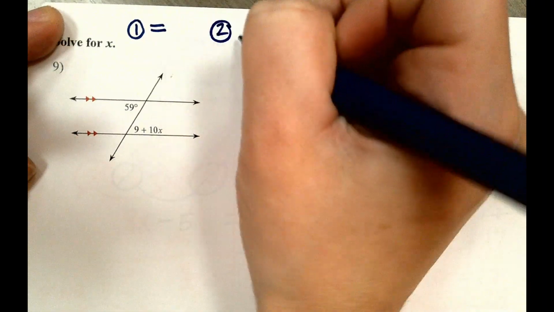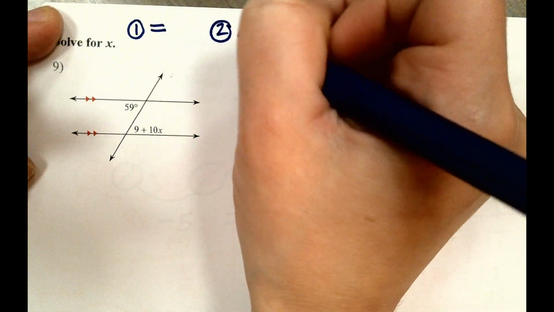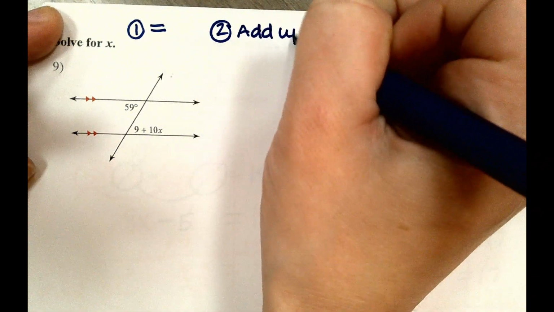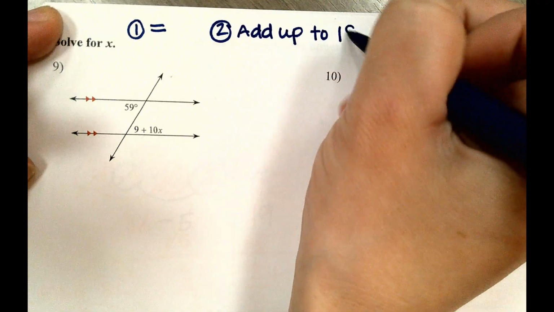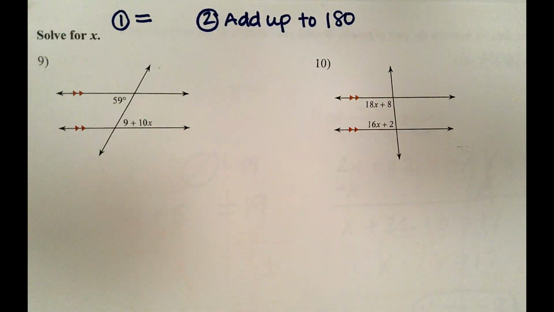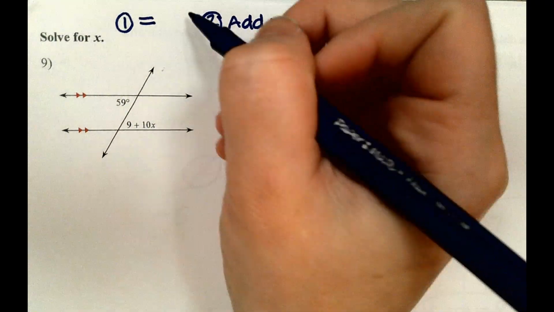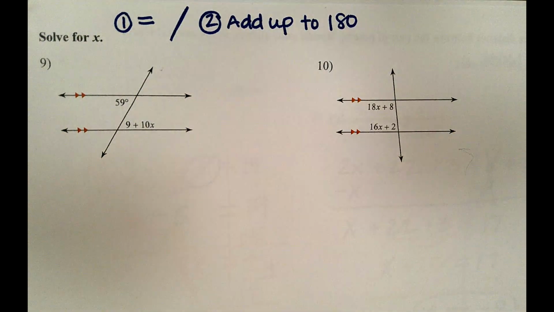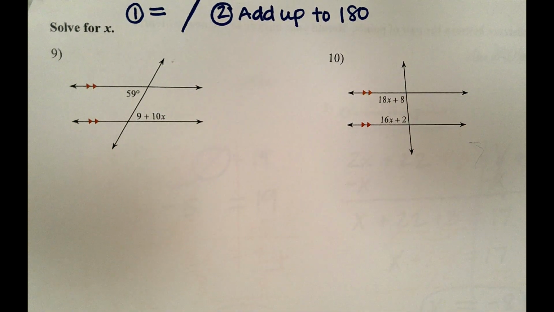Or do they add up to 180? Those are our 2 options. So for number 9, what's a good way to figure out if they're equal or if they add up? We used a special method where we drew something. Does anyone remember that?